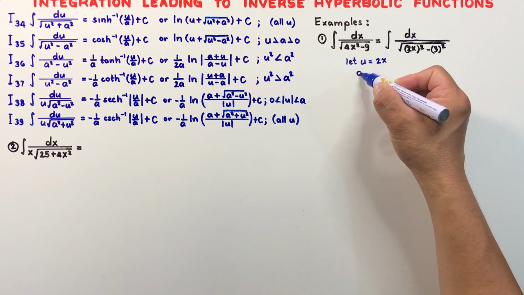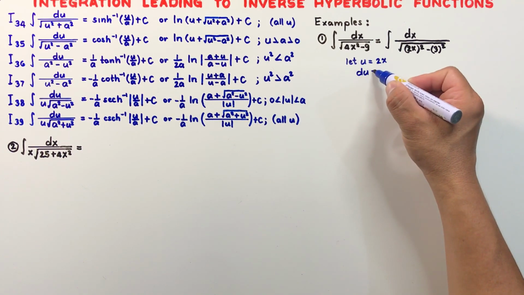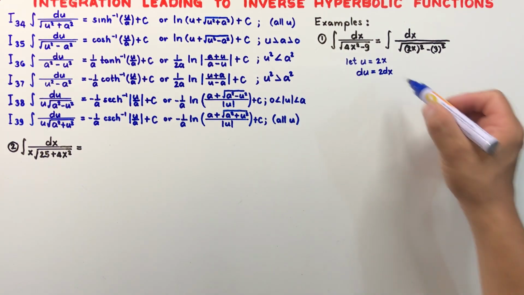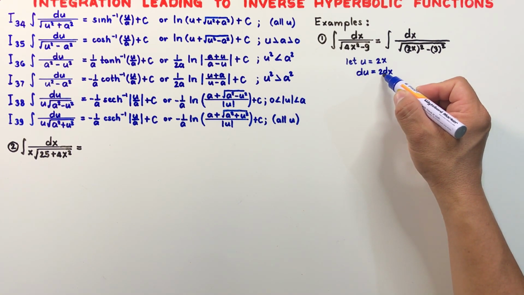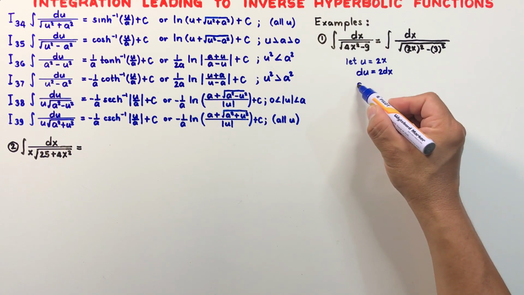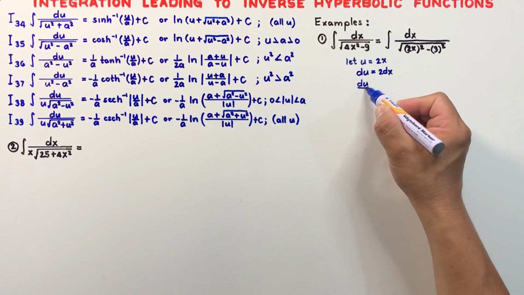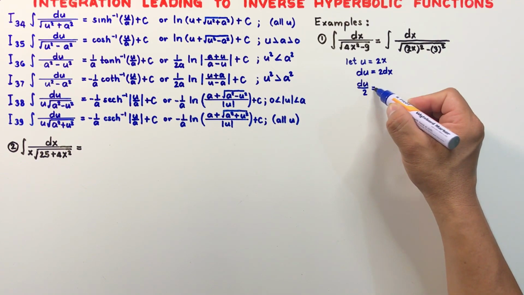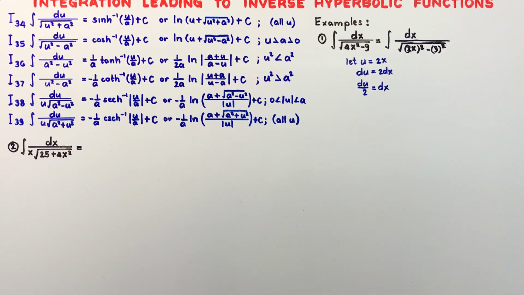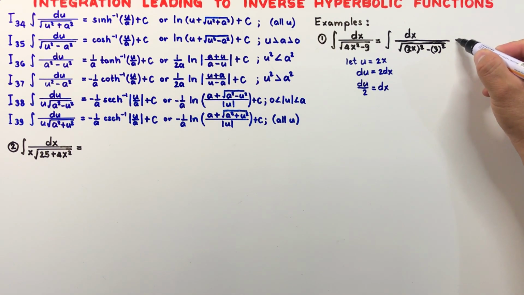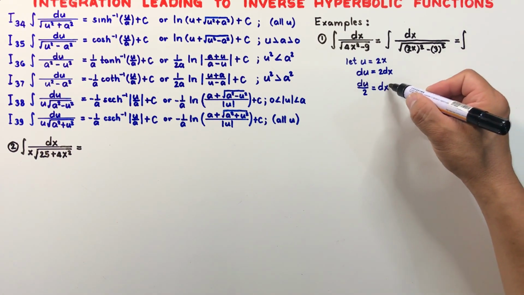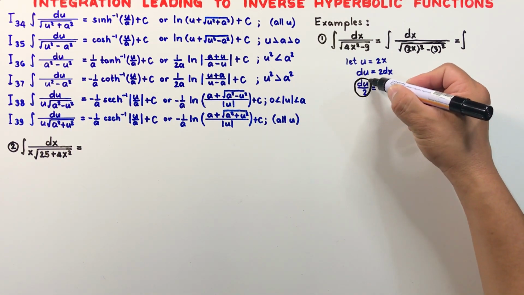And if we get the differential of our u, this is 2 dx. But we don't have the 2 in our integrand there as a coefficient. We need to eliminate 2 by dividing both sides of the equation by 2. So we have du over 2, which is equal to dx. So by substitution, we have the integral of dx, which is du over 2.